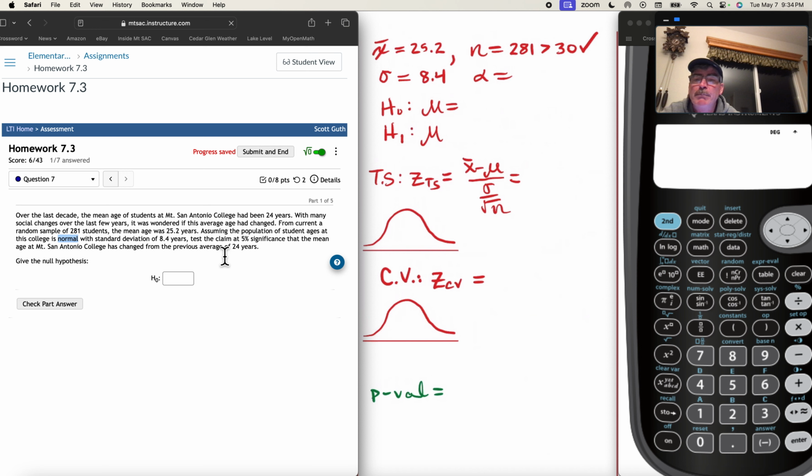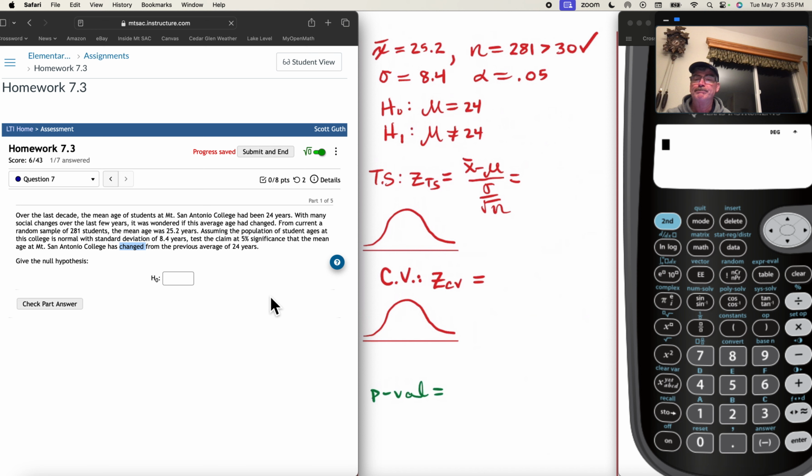Tests a claim at 5% significance. Okay, alpha is 0.05. That the mean age at Mount San Antonio College has changed, which means it's different, which means it's not equal to the previous average of 24. So it's not 24. That's your alternative hypothesis. So the null is that it is equal to 24.